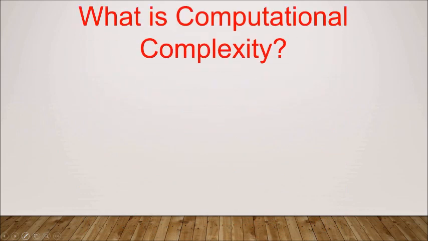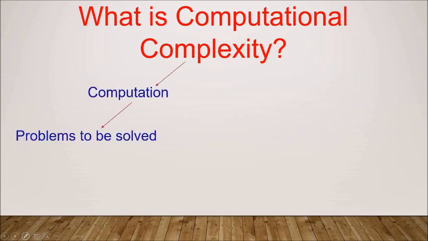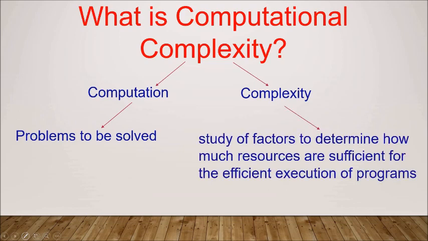So what is computational complexity? Computational complexity is made up of two words. The first one is computation. It basically means what problems are to be solved, and complexity means the difficulty level or whatever things which are needed to execute a program, or study of factors to determine how much resources are sufficient for efficient execution of program.